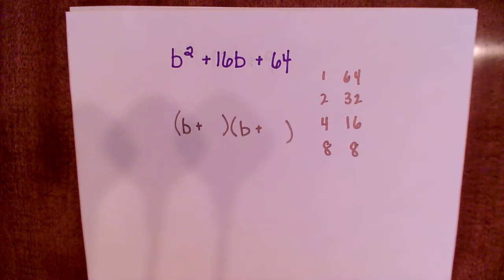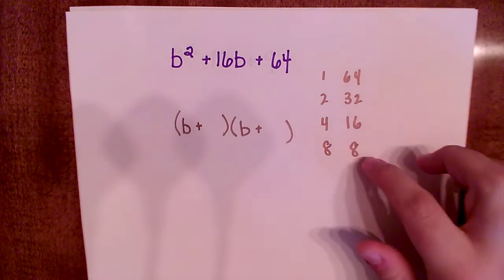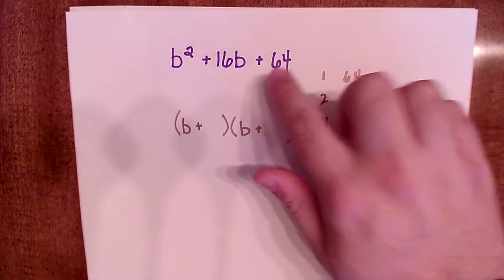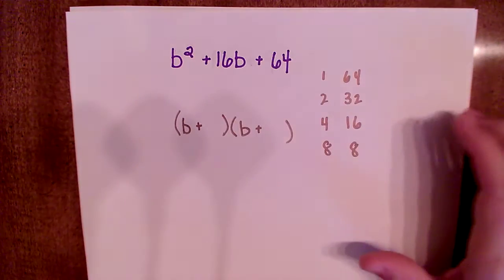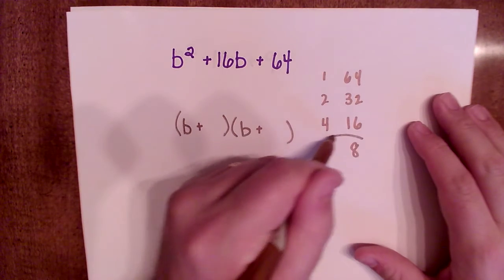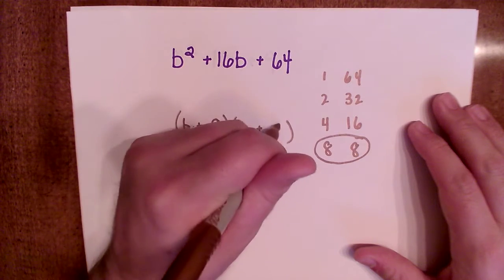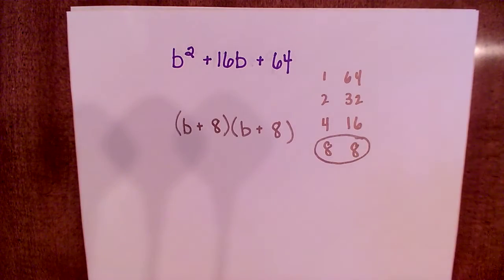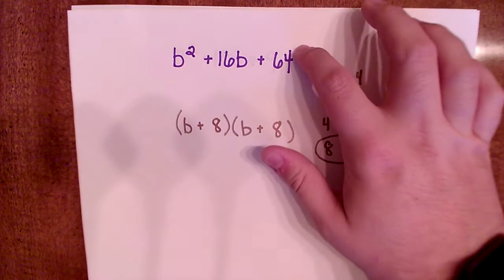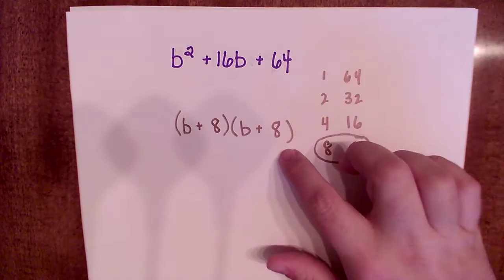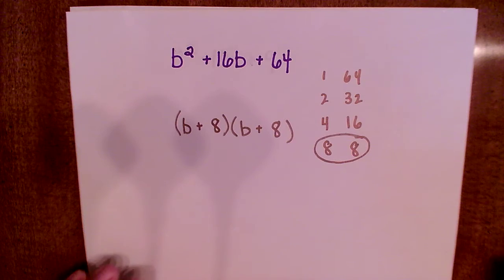We want to pick the set of numbers that multiply to give us 64 that add to give us 16. Well, 8 plus 8 is 16, so we have 8 and 8. This factors into b plus 8 times b plus 8.